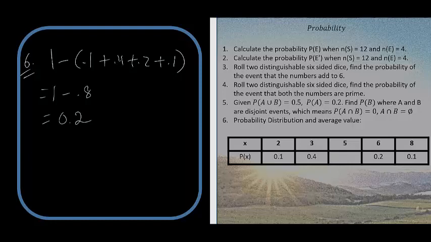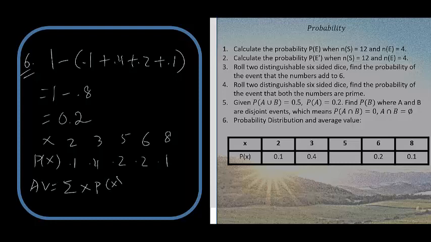So finally we have x as 2, 3, 5, 6, 8, and the corresponding probabilities 0.1, 0.4, 0.2, 0.2, 0.1.